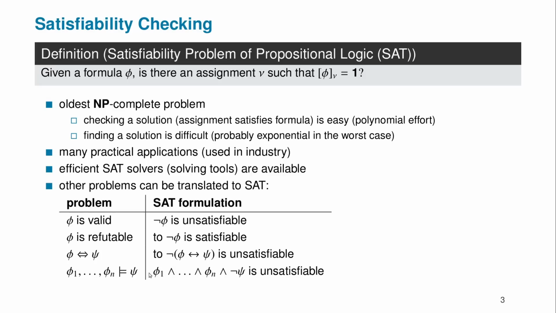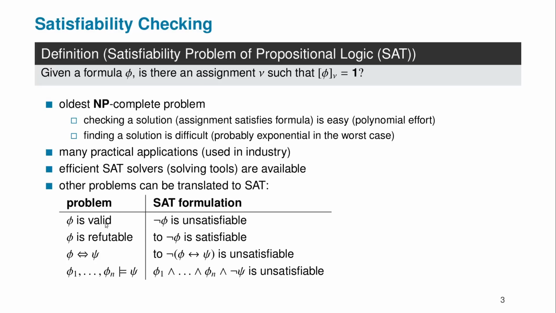And the negation of this implication representation is the formula we have here. So we can rewrite implication as a disjunction. So phi implies psi is the same as not phi or psi, and if we negate it, we get this kind of formula.